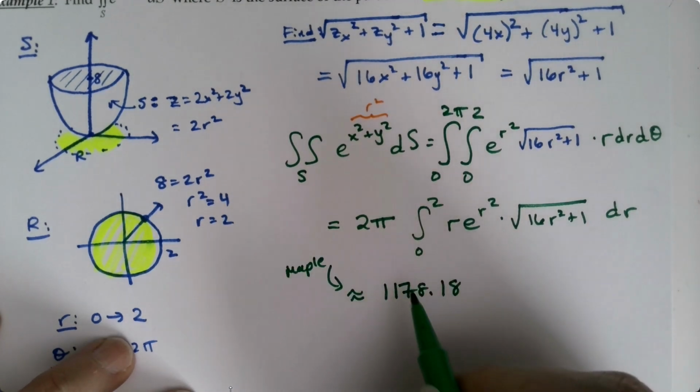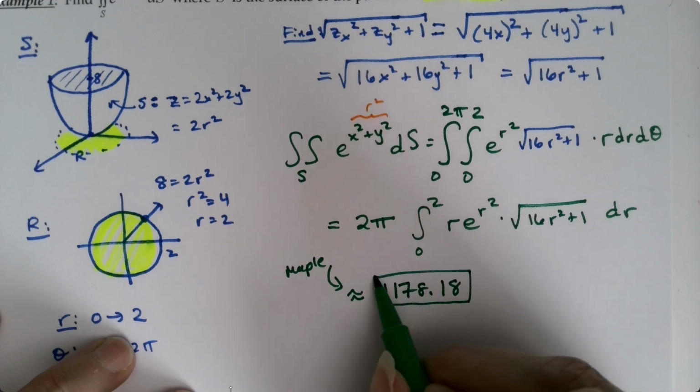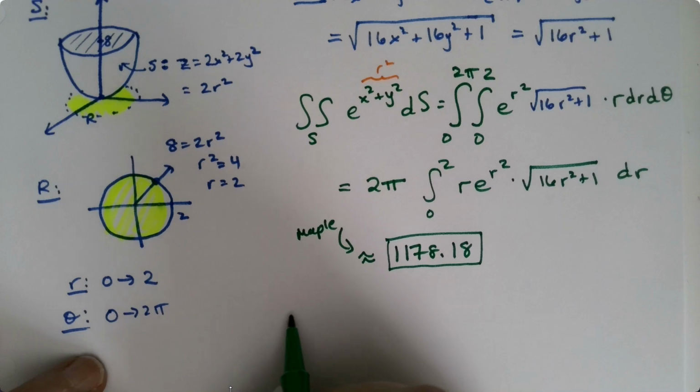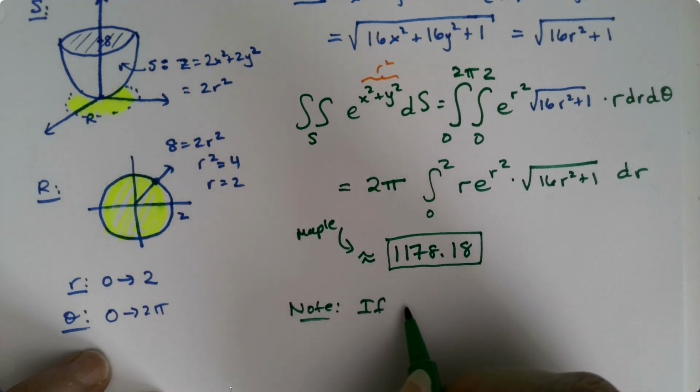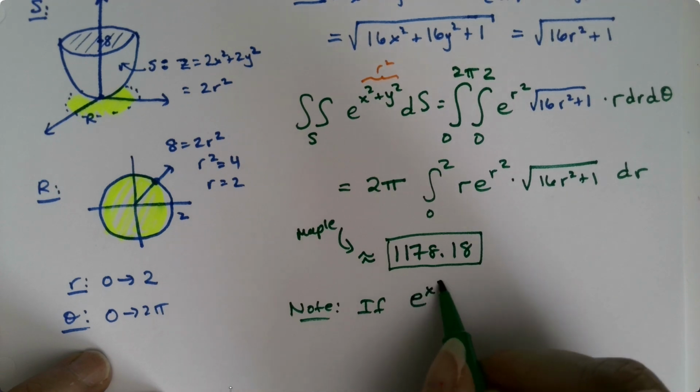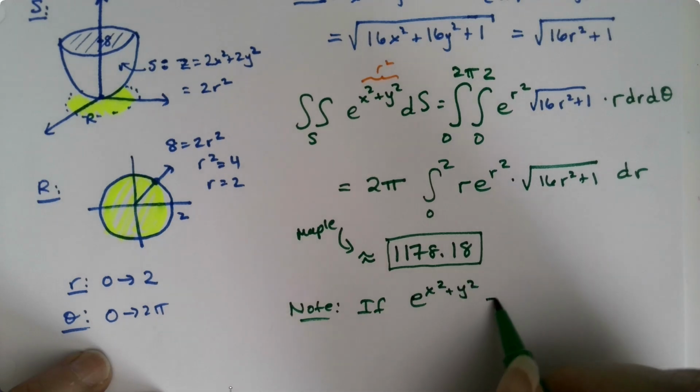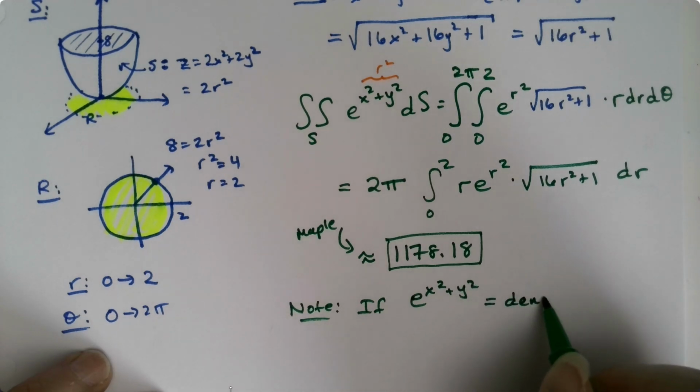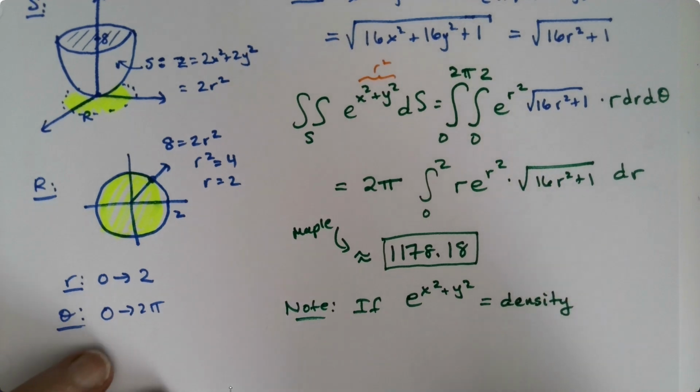Now, if you're wondering, what have you found? Well, it depends. But if the function, which was e to the x squared plus y squared, was density, then we actually just found mass.